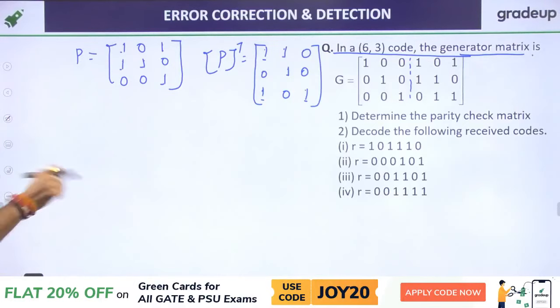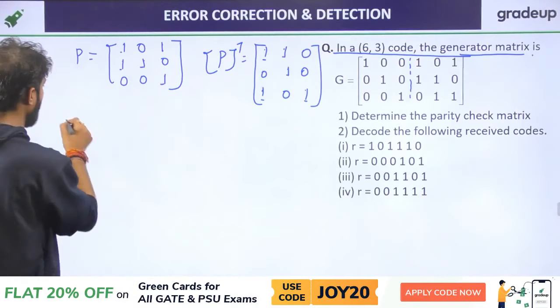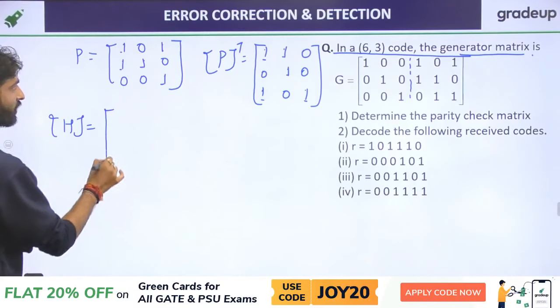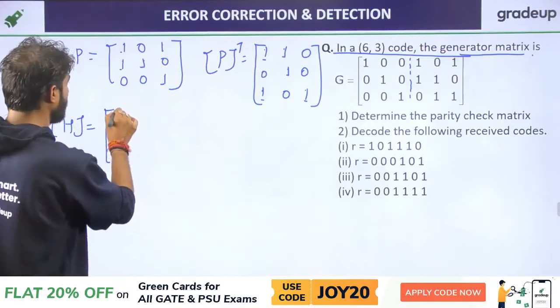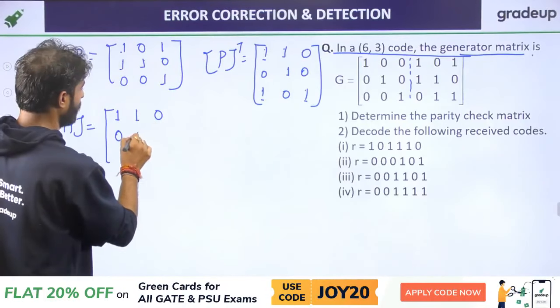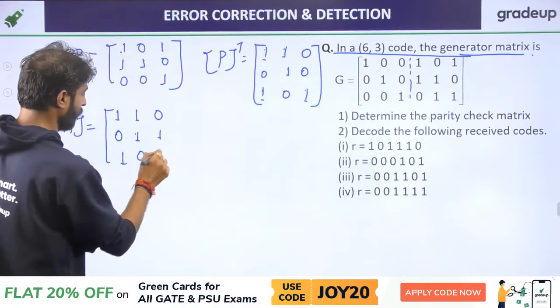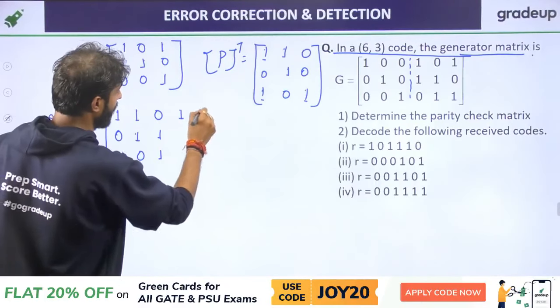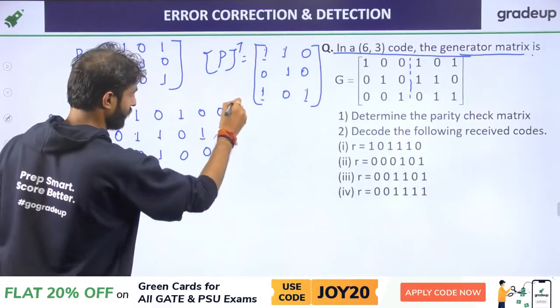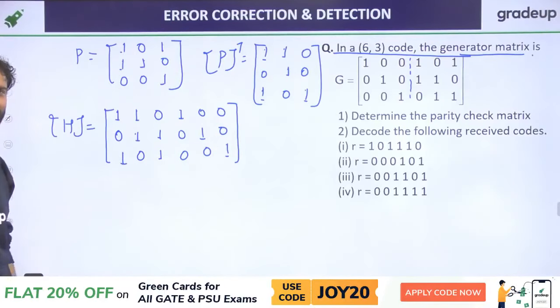Now that is the P matrix. To find the parity check matrix, first we write this, 110, 011, 101, and after that the identity matrix, 100, 010, 001. As simple as it is, right?